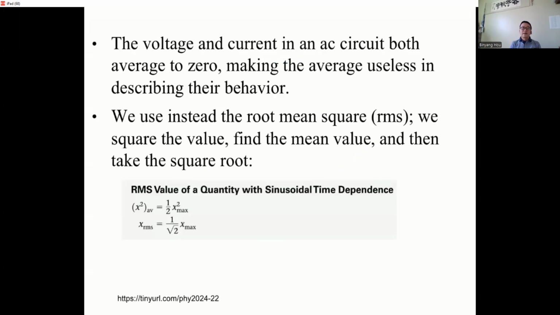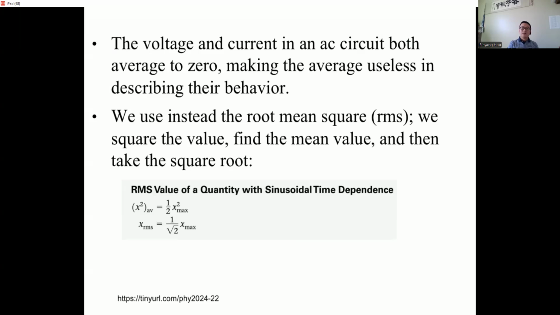So again, if we talk about the average of either voltage or current, because half of the time they are positive and the other half they are negative, you end up with zero for the average. That's not very useful when describing their behavior, so we'll use root mean square quantities, root mean square voltage and root mean square current.